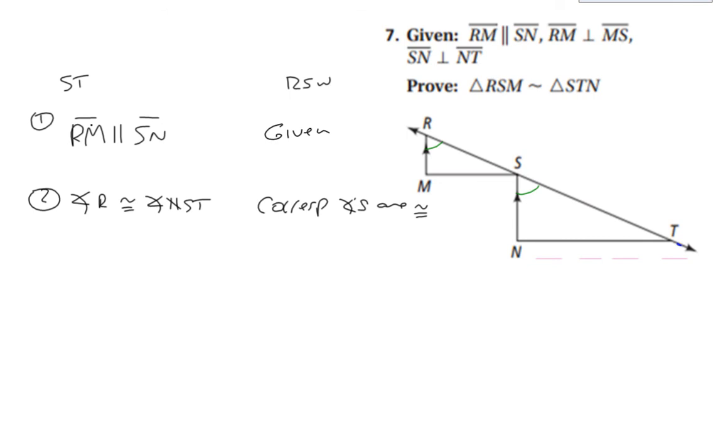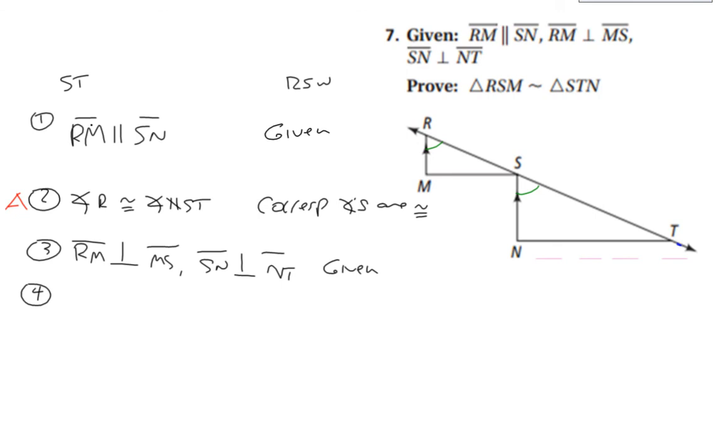That's nice because that means that I have an angle. Now, where's my other angle? Well, let's see. What else is given to us? Statement number 3 says line segment RM is perpendicular to line segment MS. And that line segment SN is perpendicular to line segment NT. Reason for that? Well, it's given to us. Statement number 4, what do I know?